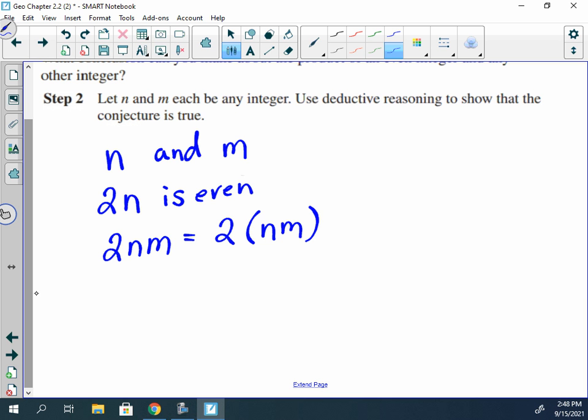Well, if it's 2 times an integer, it is still going to be even, because anything times 2 is going to be even. 2 is an even number. So therefore, all numbers that an even and an odd or any other integer multiplied together will give us an even integer.